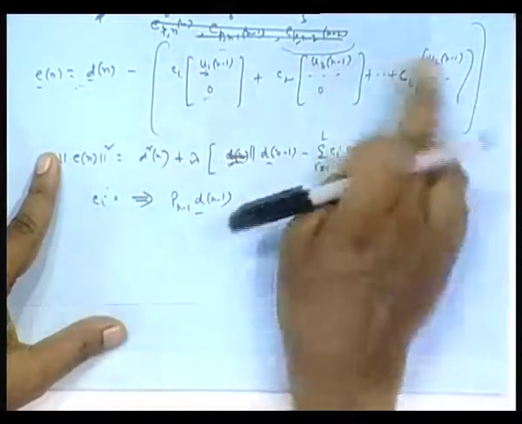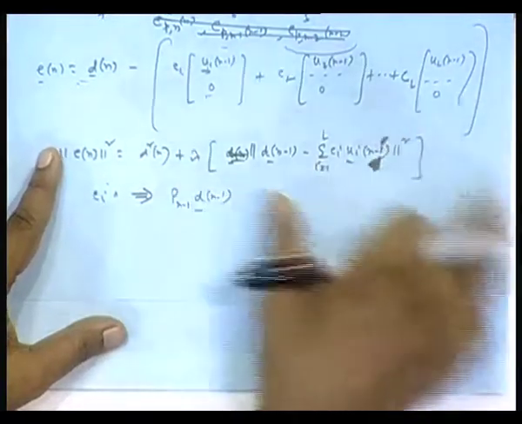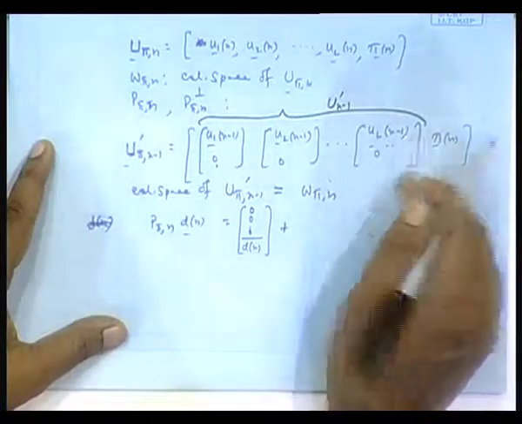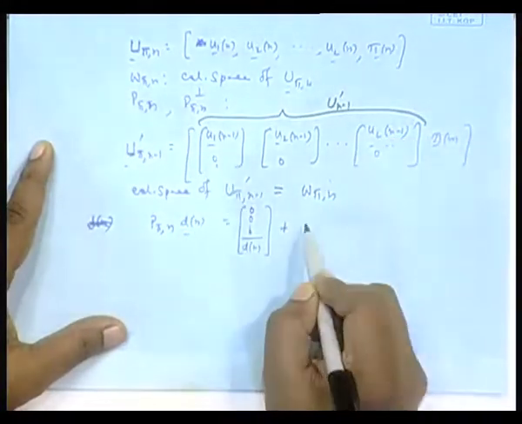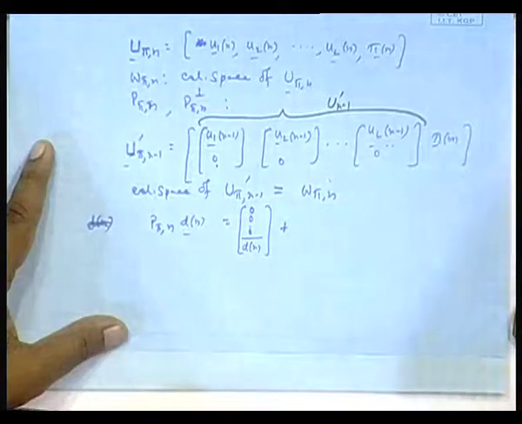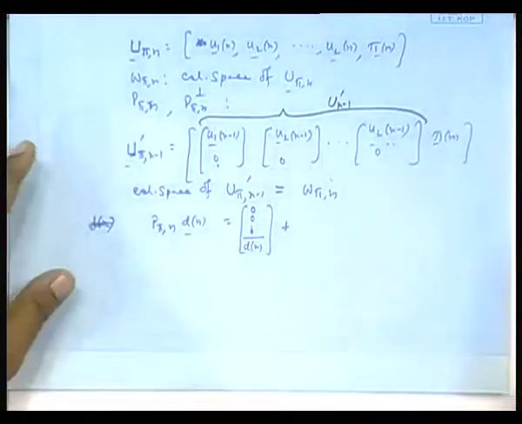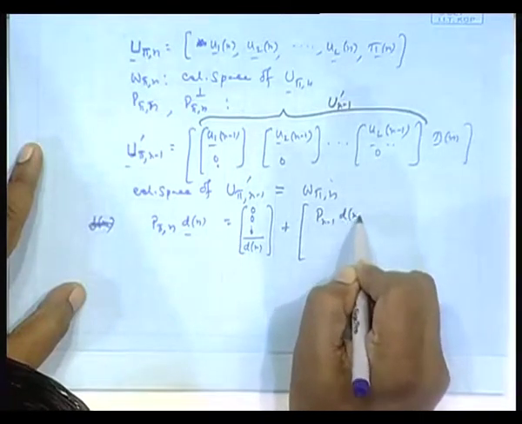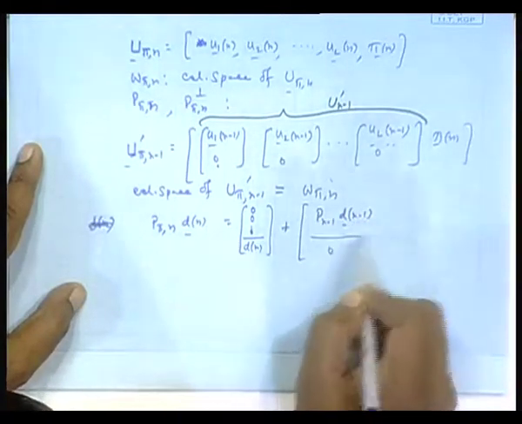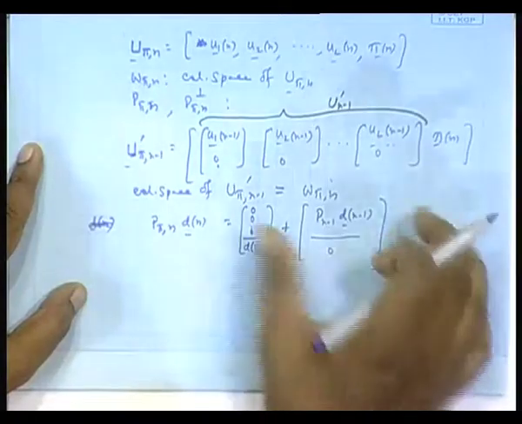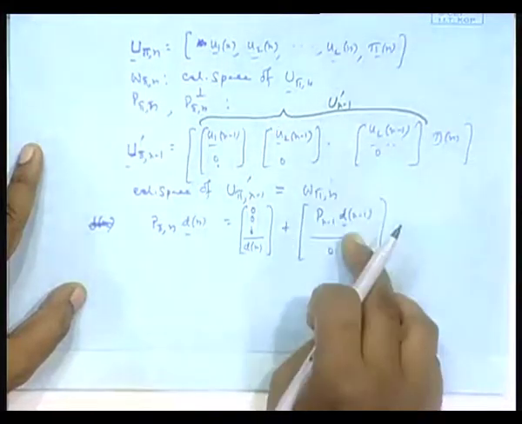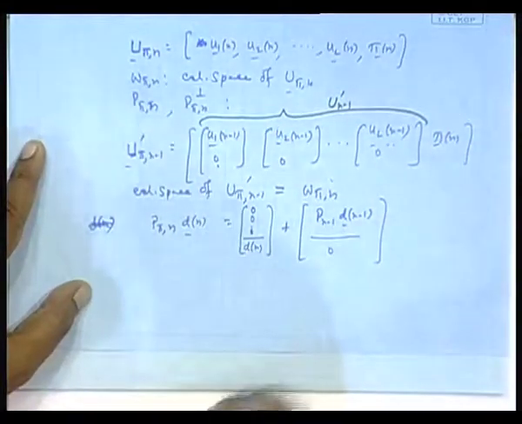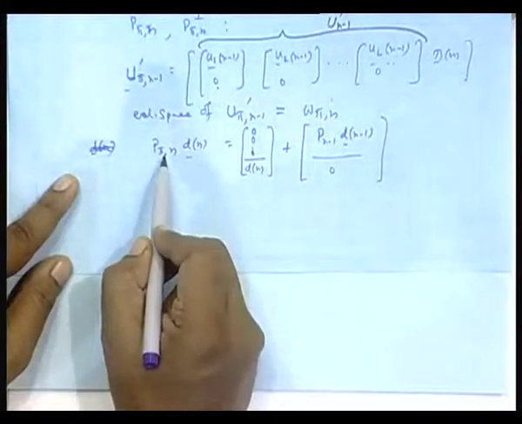But the top one, when you combine, you get this. So overall, when you are projecting dn on the column space of this matrix, the first part will be P n minus 1 d n minus 1, and the last part will be 0. Combining these, the zeros give rise to 0, and combining the upper part gives this. That means instead of the projection, I take the projection error.